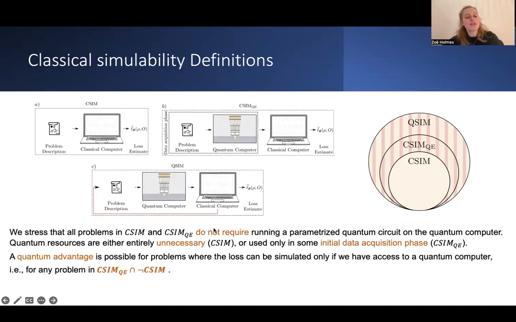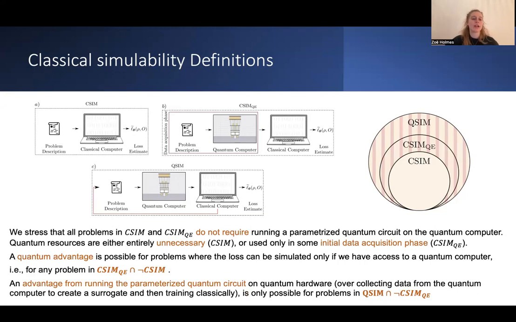So a quantum advantage is possible for problems where the loss can be simulated only if we have access to a quantum computer. So basically, it's got to be solvable on a quantum computer somehow, but not classically simulable.